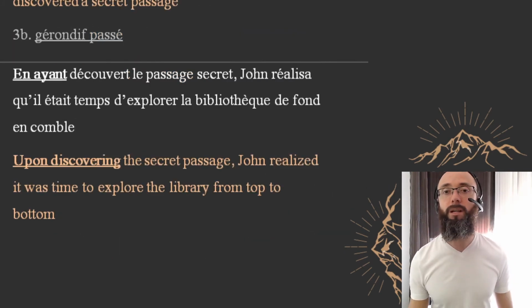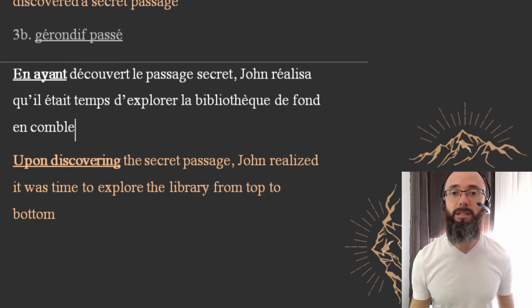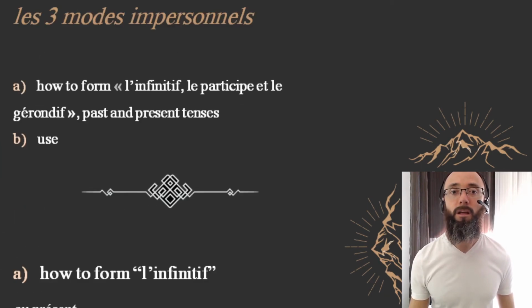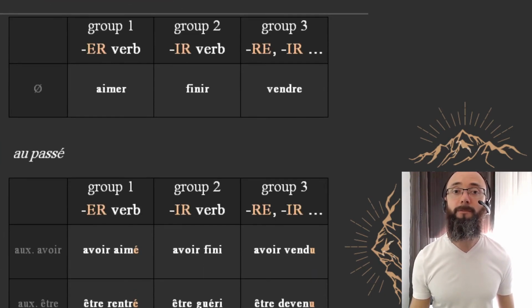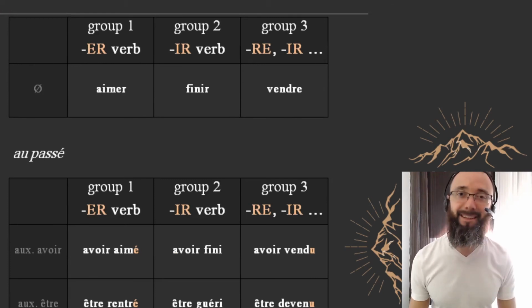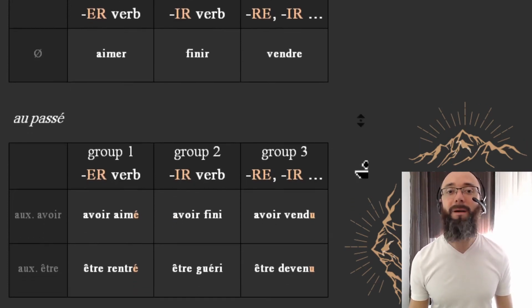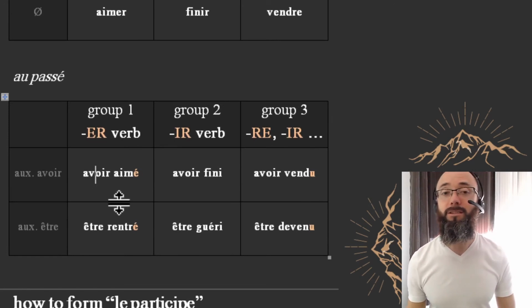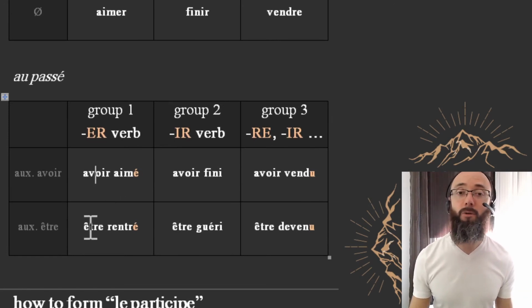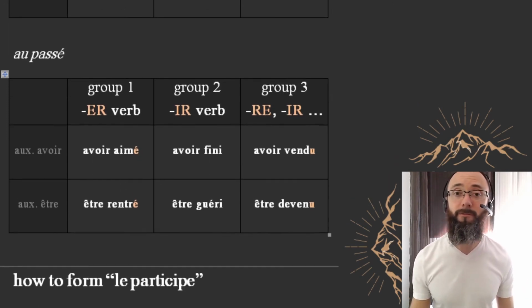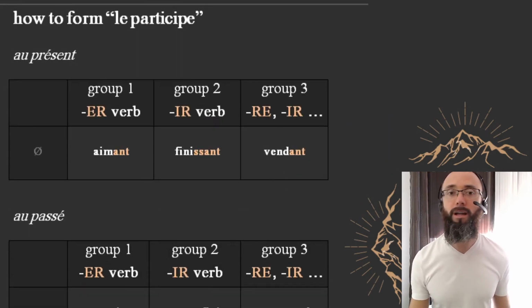So a quick summary of the information that we covered today during the lesson. Today, you learned how to form the infinitive. Well, that's not that hard, is it? Au passé, you just need to use the auxiliary in the infinitive, avoir ou être, plus the past participle of a verb. Not too hard either.